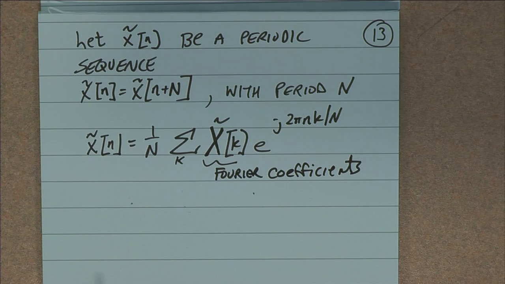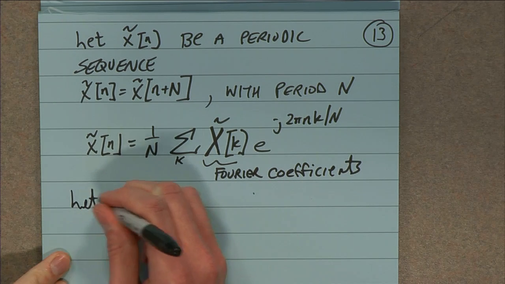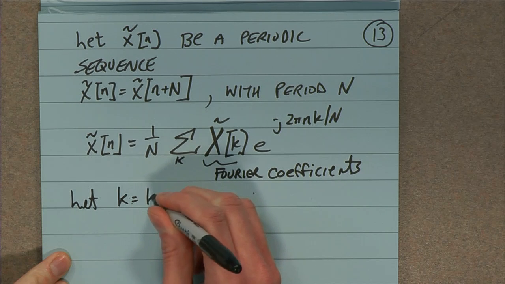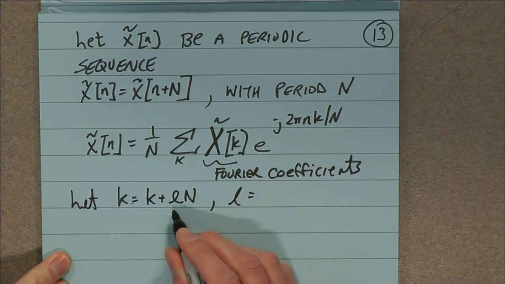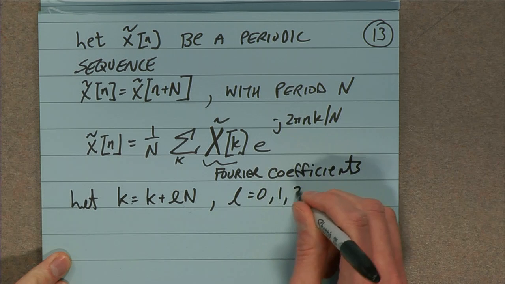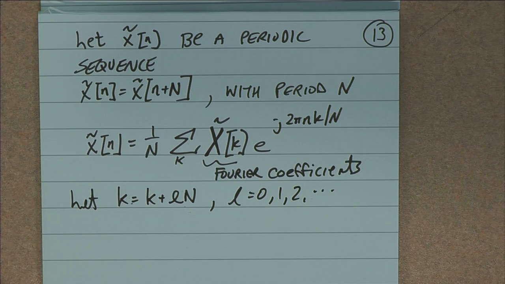But let's test that out and ask, how many k's are there? Let's do a thought experiment and kind of lead the witness here, but let k equal k plus L times N, where L is just another index that can go on infinitely.